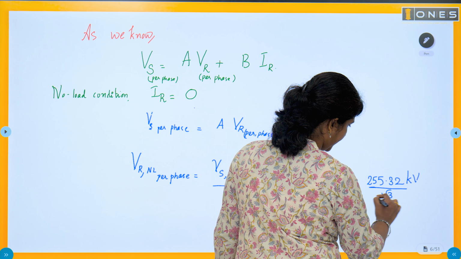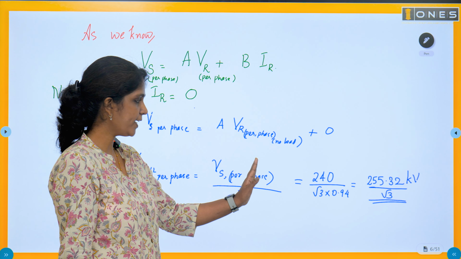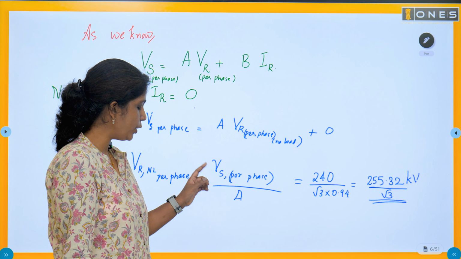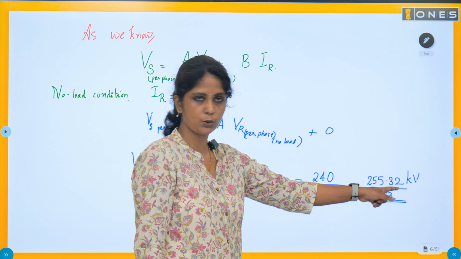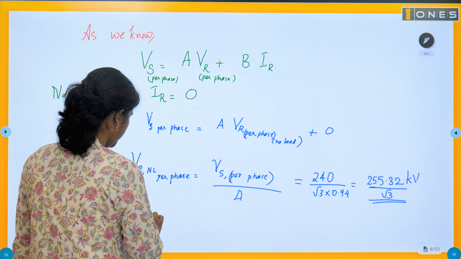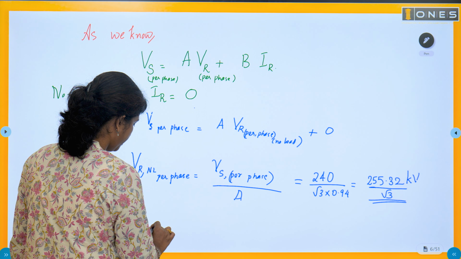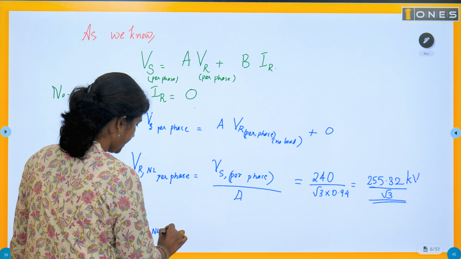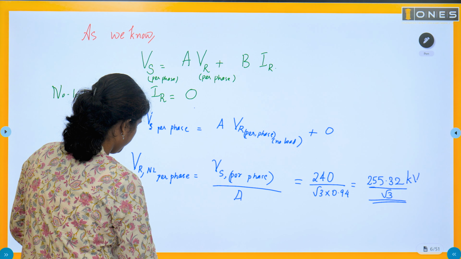I am not removing the root 3. I will retain this factor. So the no load receiving end voltage per phase is 255.32 kV by root 3. So what is the line voltage, the no load receiving end voltage? VR no load line value is obtained by multiplying by root 3. Let me simplify and write it.